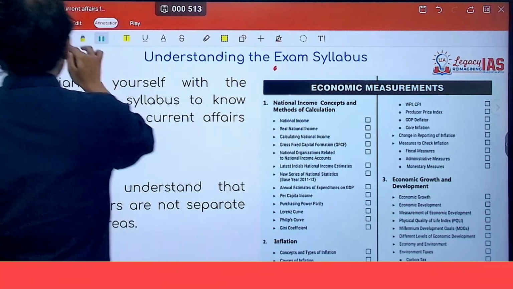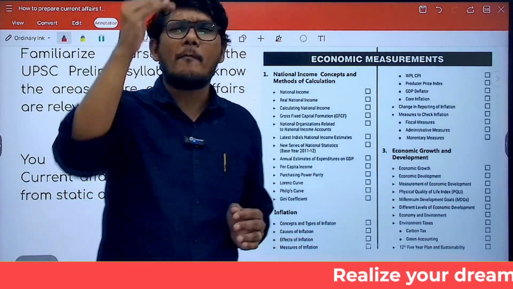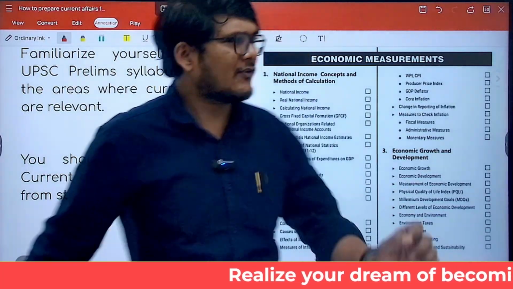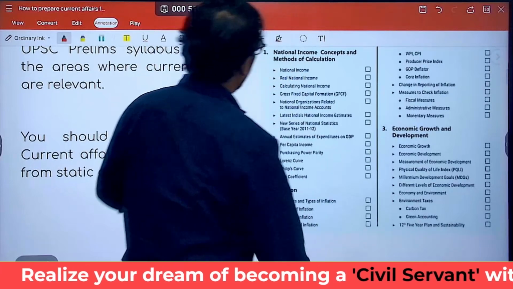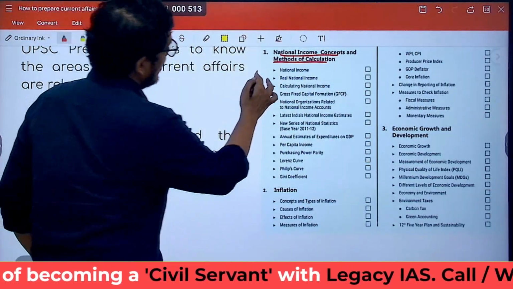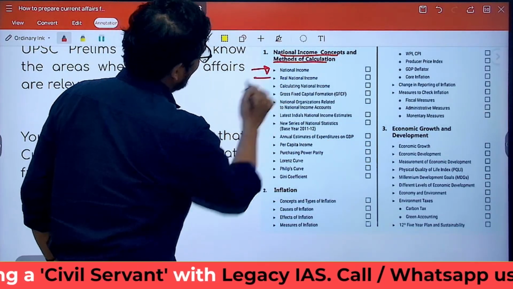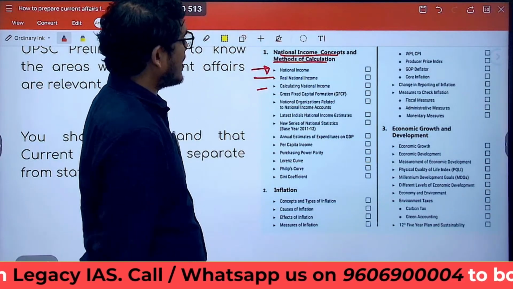Now this entire syllabus, we actually break it down into micro level topics. As you can see in one sample over here, if you talk about economic measurements, you talk about national income. So what is included in national income? The national income itself, the real national income, the nominal national income, calculation of the national income.